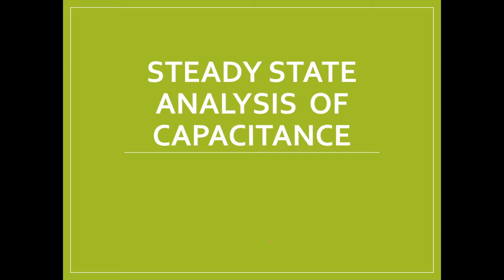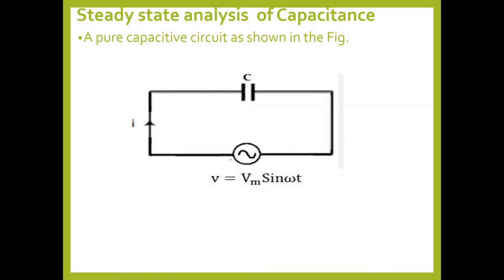Okay, steady state analysis of capacitance. Let us apply an AC voltage source across the capacitor. We already know that when source supply is given to the capacitor, an electric field is developed across the capacitor plates.